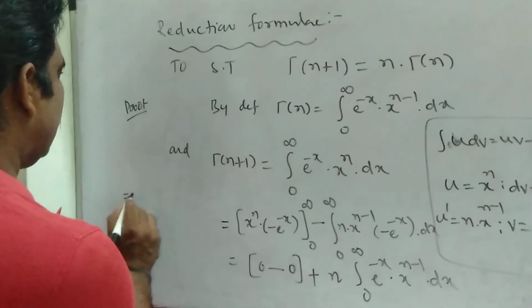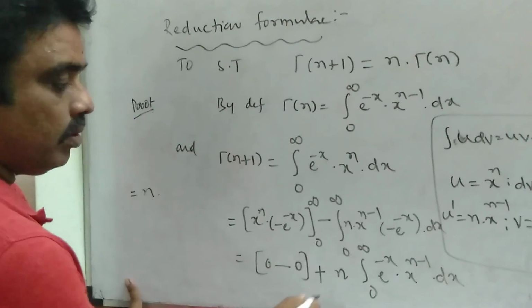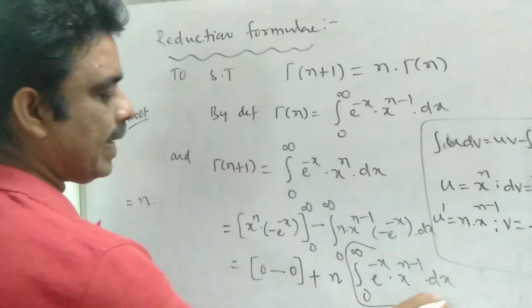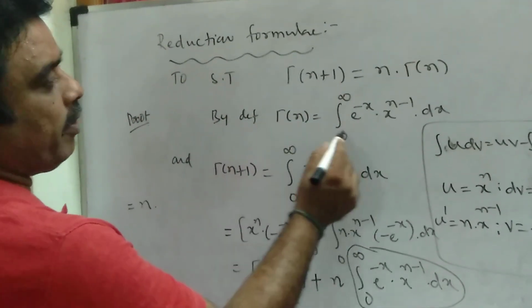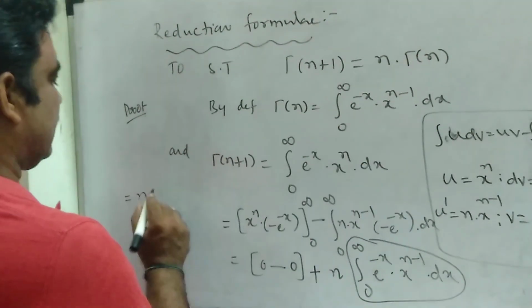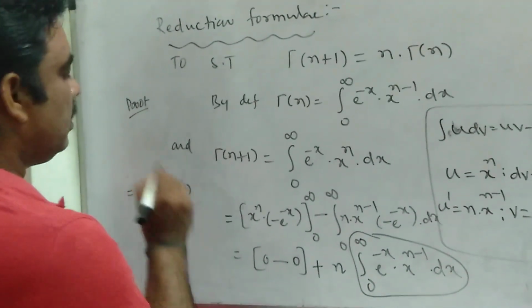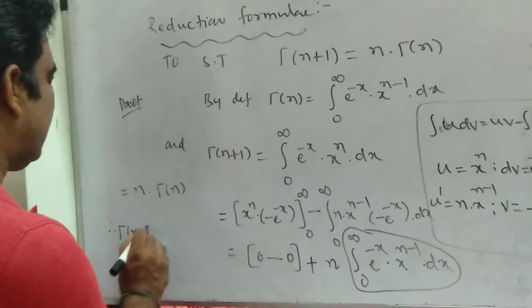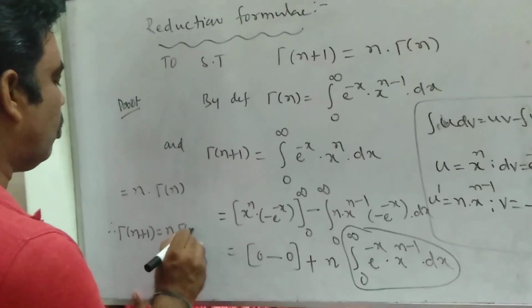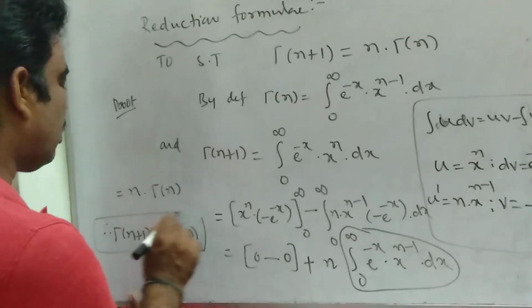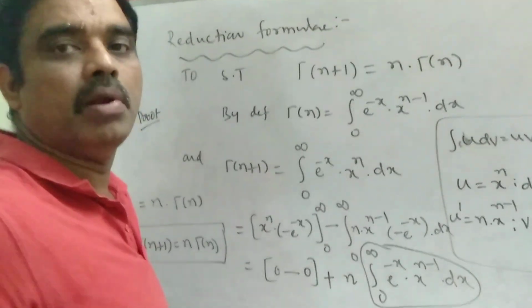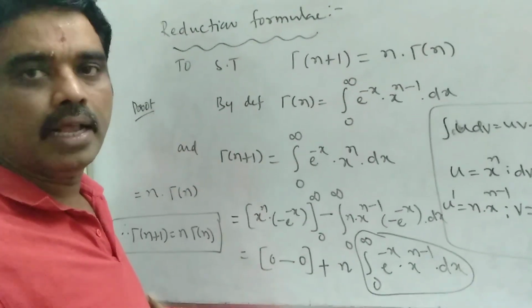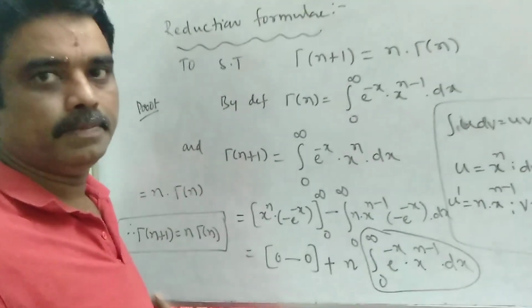The first value is 0, so the entire term, integral 0 to infinity e power minus x, x power n minus 1 dx, can be replaced by gamma of n. Therefore gamma of n plus 1 is equal to n into gamma of n, which is called the recurrence formula to find other values using the gamma function.